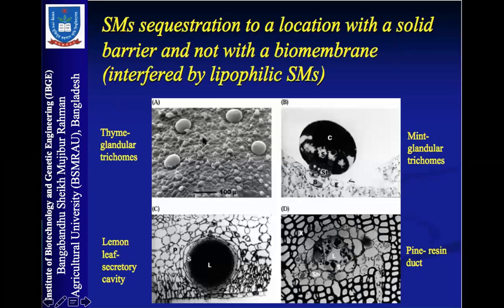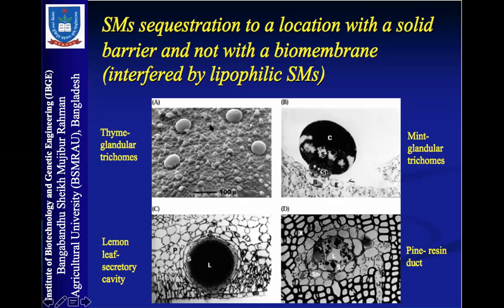Here you can see the mint leaf surface and its microscopic structure. You see a ball-like structure. This is highly magnified, and it is filled with terpenoidal volatile compound. When you touch, they immediately burst, and this is the chemical defense mechanism of the plant.